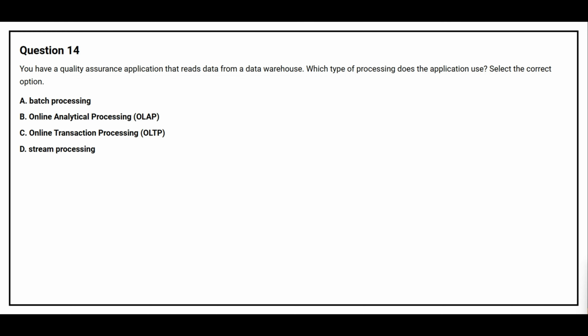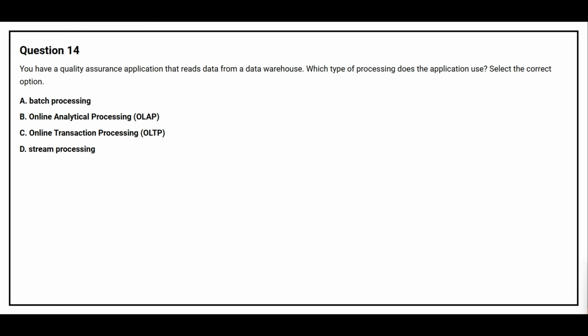Question number 14. You have a quality assurance application that reads data from a data warehouse. Which type of processing does the application use? Select the correct option. Option A, batch processing.